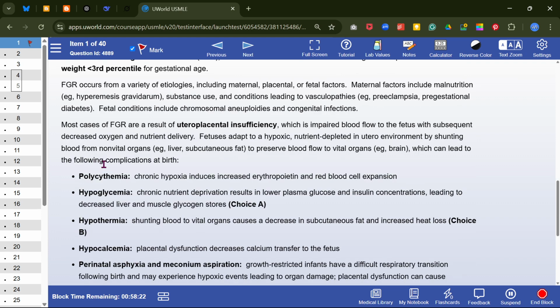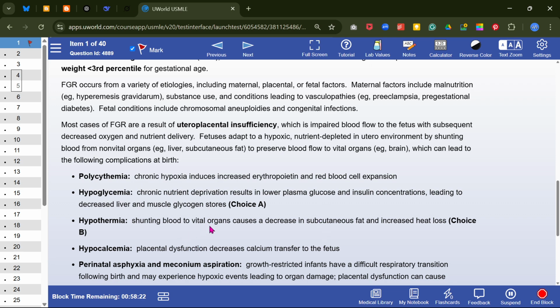Polycythemia induces increased erythropoietin and red blood cell expansion. Hypoglycemia: chronic nutrient deprivation results in lower plasma glucose and insulin concentration, leading to decreased liver and muscle glycogen stores.